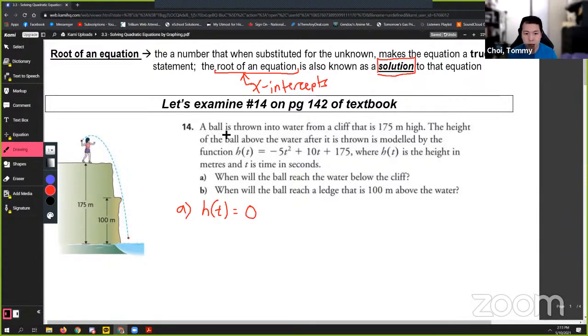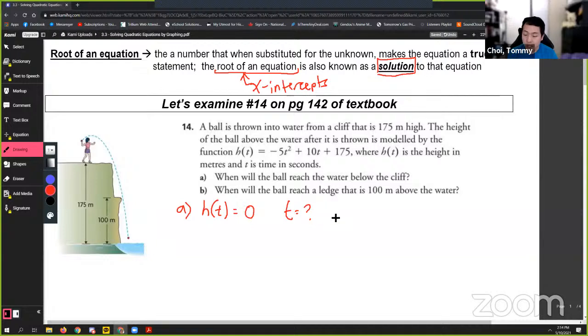Because it says that the ball is thrown into the water from a cliff that is 175 meters high. So we're assuming that the height is measured from where the water is, which would be 0. So we would say h of t is 0, and we need to solve for t. We don't know what t is. So that's our given, that's our unknown.